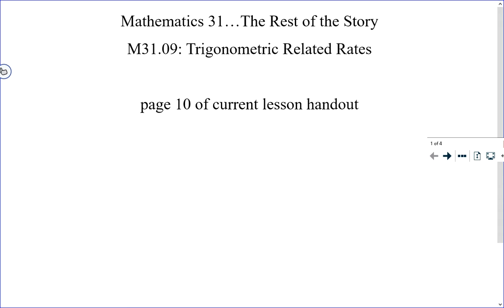And the goal there is to then develop an equation that relates the variables. The third step, which is the final level here, is once you have that equation that relates the variables, you can differentiate that equation with respect to time, and you will then have a relationship between the rates of change of the variables, and you can use that relationship to solve the problem.